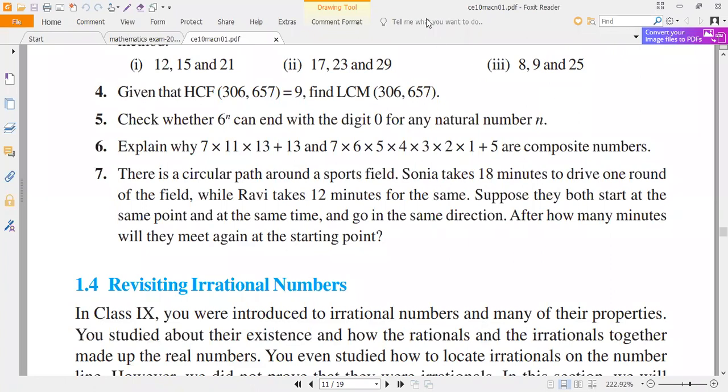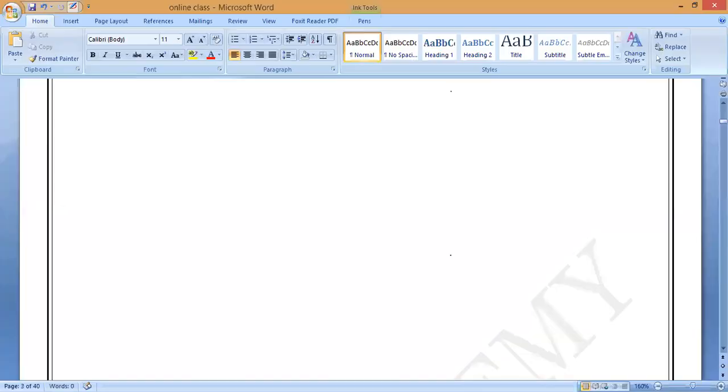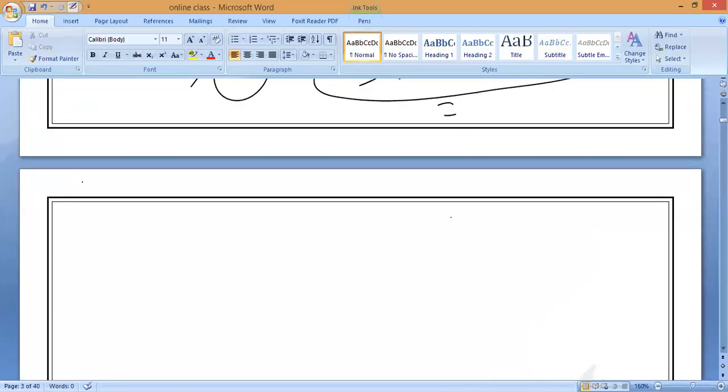No common factor? Only one common factor? That is the prime number. Composite numbers have more than one factor, more than one.